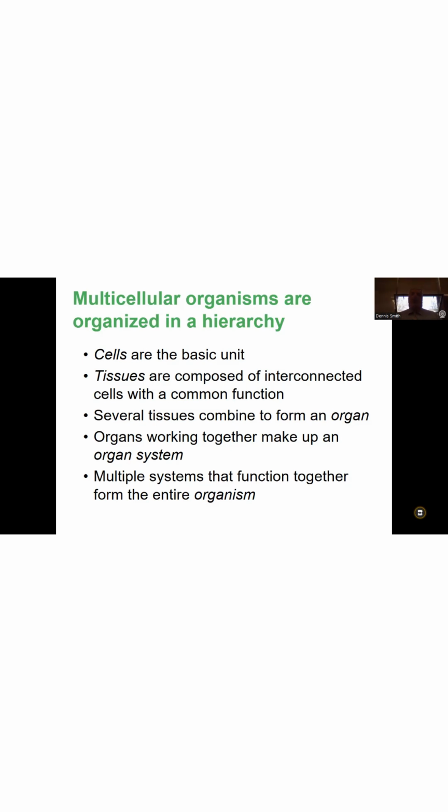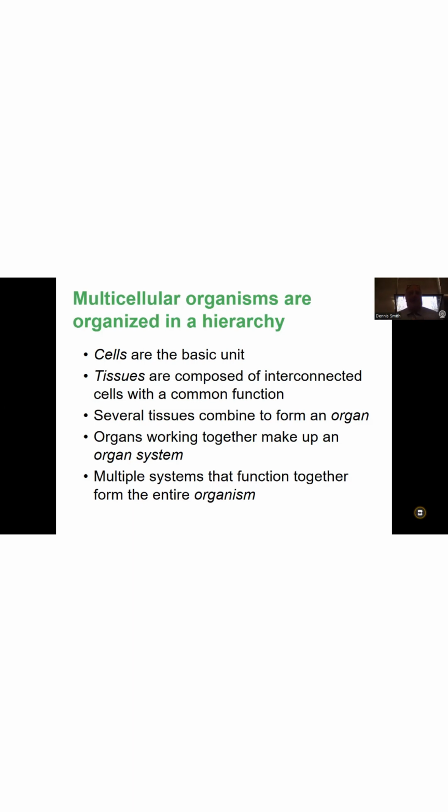Tissues are composed of interconnected cells that all have a common function. They have this common function, which means they're differentiated. The cells are differentiated and have very specific functions that they need to perform. You can't take heart cells and put them in with liver cells and expect the heart cells to do what the liver cells are expected to do.